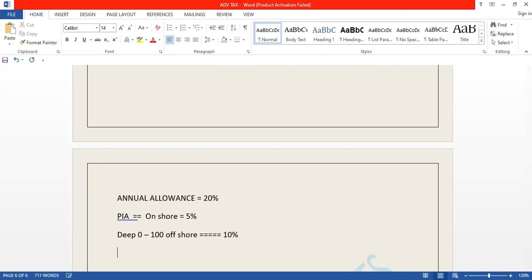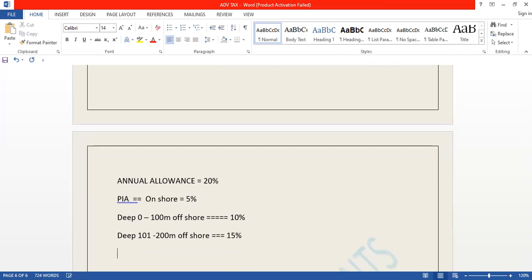Then another deep from 101 to 200 meters. All these are offshore. We'll be having 15%. So I believe it's clear, it's getting better now.